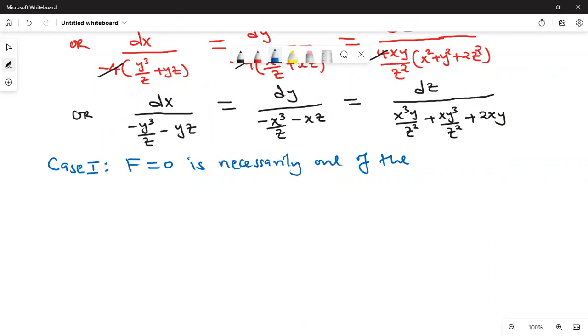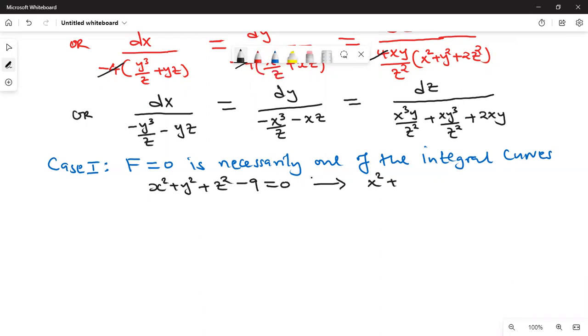That is, x squared plus y squared plus z squared minus 9 equals 0 is one of the solutions. I can rewrite this as x squared plus y squared plus z squared equals 9. That is one of the orthogonal trajectories, one of the solutions of this equation, the one that we have up here.